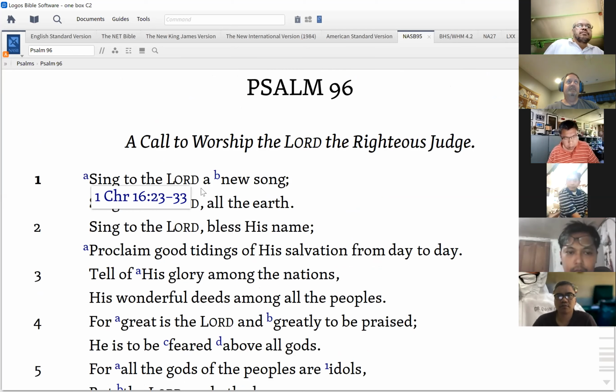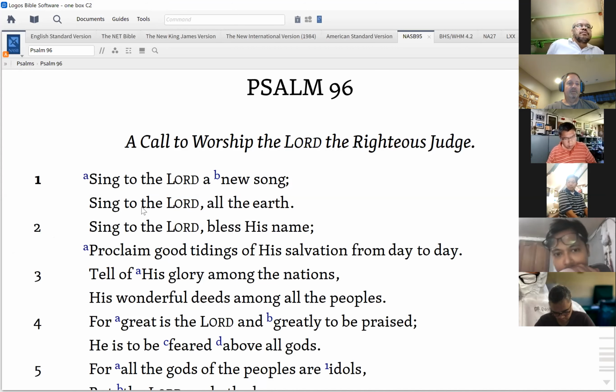You see this? First Chronicles 16 is mentioned here. That's Psalm 40. But if you go through this psalm, you'll see, I think, a few references to First Chronicles 16.